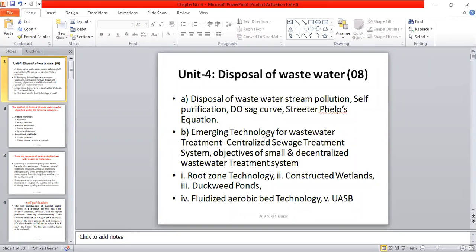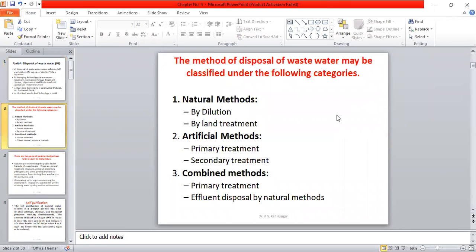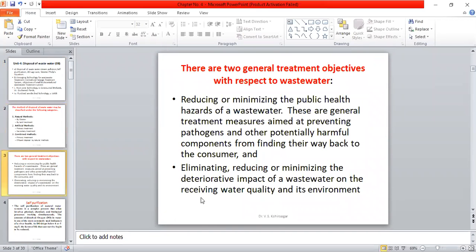Okay. So the second part, emerging technology, we have not started yet. In that, first we studied the methods of disposal of wastewater, which are classified into three types: natural method, artificial method, and combined method. There are two main objectives for the treatment of wastewater.